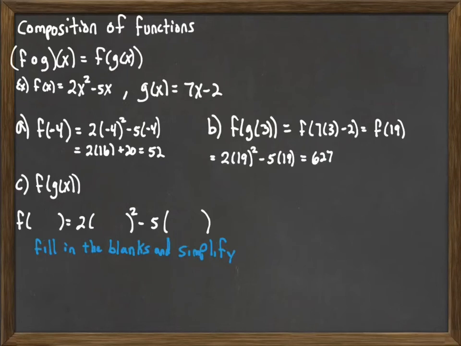Now I'm going to rewrite this so it's clear how everything flows, but in practice, there's no reason to rewrite it. Just fill in the blanks with that 7x minus 2 up above. So we fill in the blanks. f of 7x minus 2 equals 2 times 7x minus 2, quantity squared, minus 5 times 7x minus 2. And then we simplify.